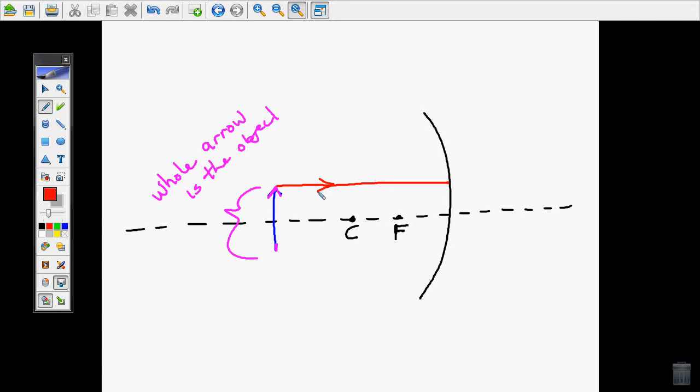I know a light ray coming from the head of the object parallel to the principal axis, when it hits the concave mirror, I don't have to draw the little normal line, measure the angle of incidence, the angle of reflection to get the reflected ray. I know exactly how the reflected ray is going to go. How's that reflected ray going to go, Dorothy? Through the focal point. So then I just draw that light ray going.